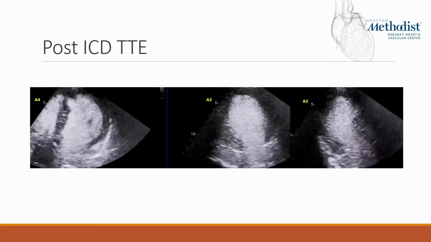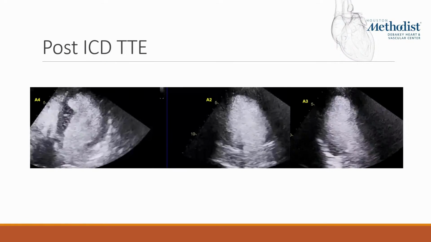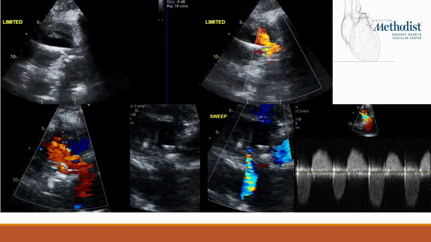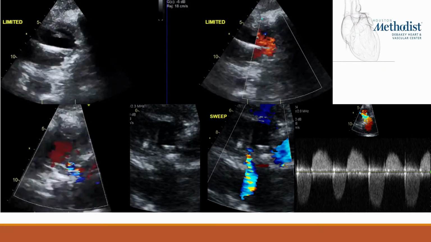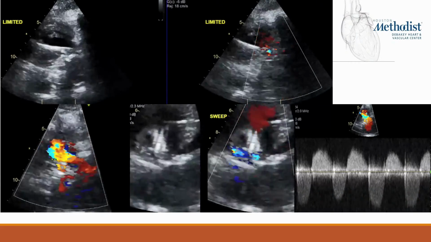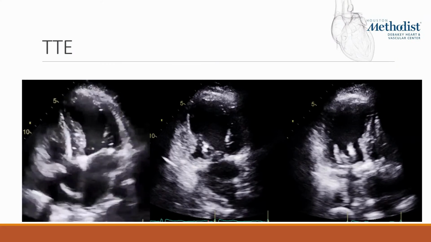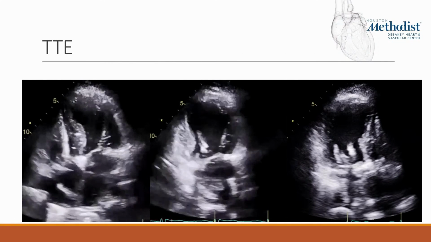So this is the echocardiogram that showed moderate to severe LV dysfunction post ICD implantation, and mild tricuspid regurgitation and increased gradient across the tricuspid valve with a gradient of 5 millimeters of mercury with a heart rate of 70. So this is the echocardiogram when she presented with symptoms of right-sided heart failure.